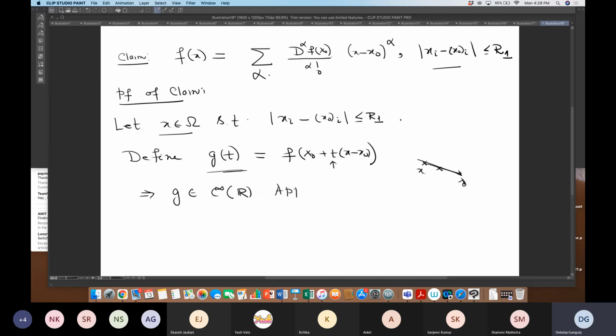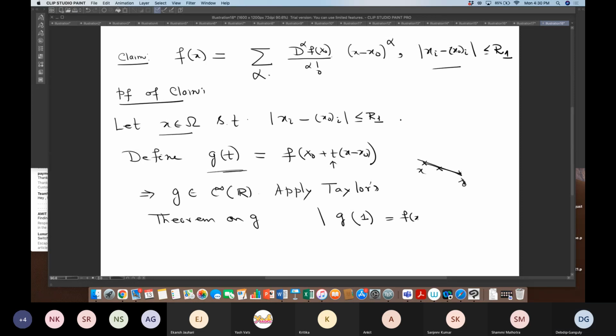Now apply Taylor's theorem on g. Just note, what is g of 1? f of x.